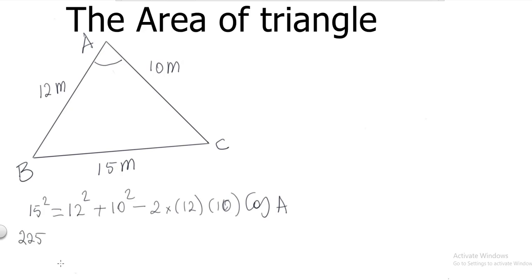Then this one will give us 144, this is 100. 144 plus 100 will give us 244. If we multiply 2 times 12 it will be 24, multiplied by 10 going to give us 240.